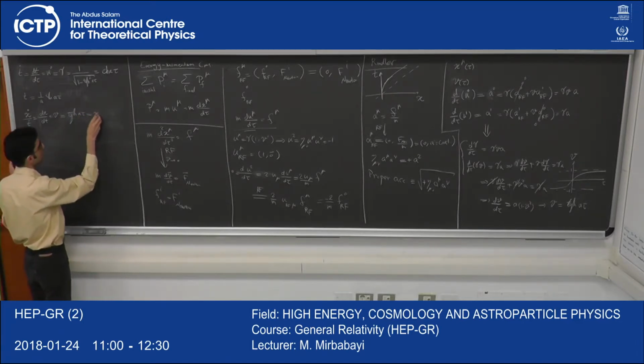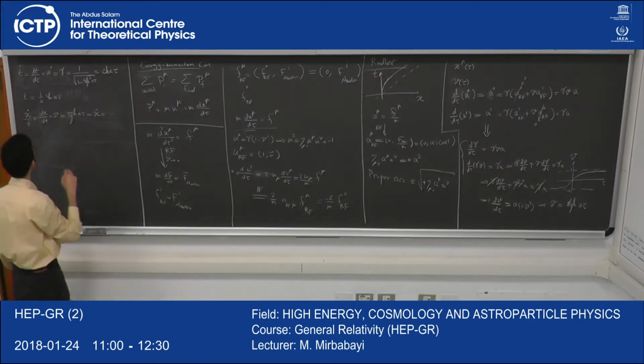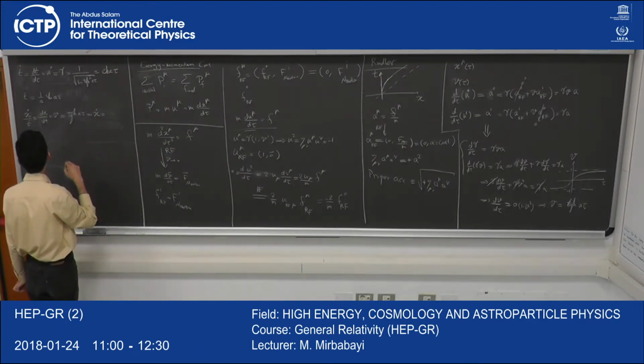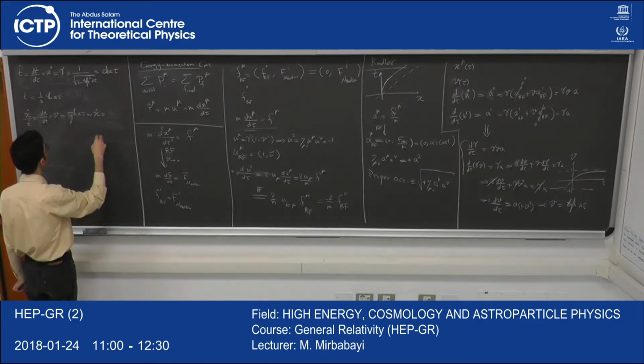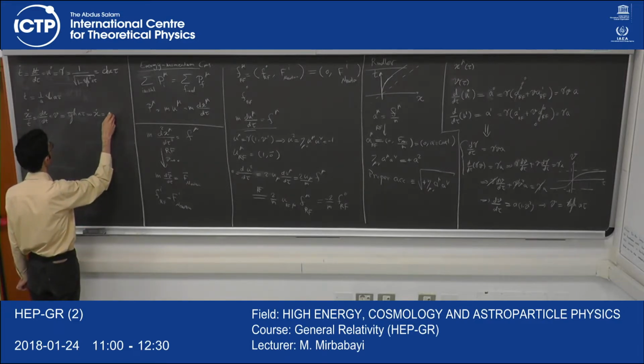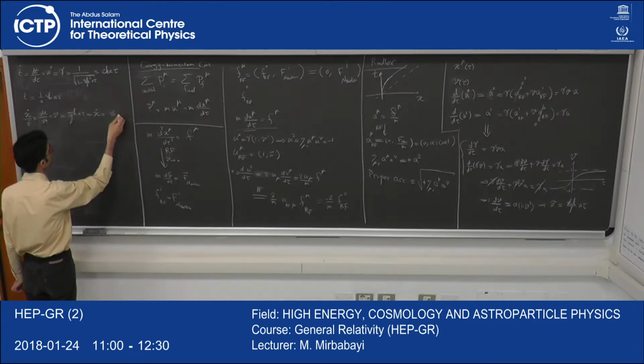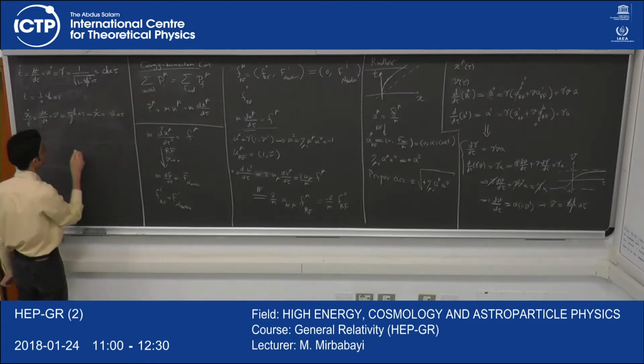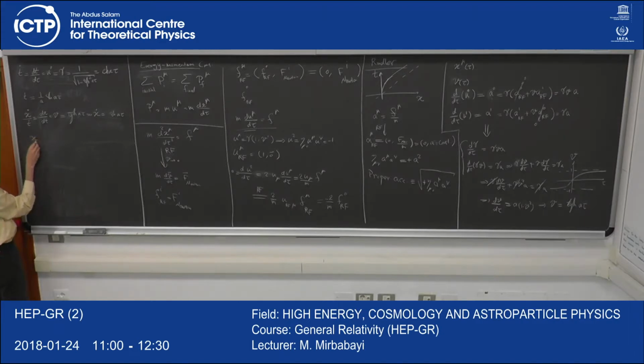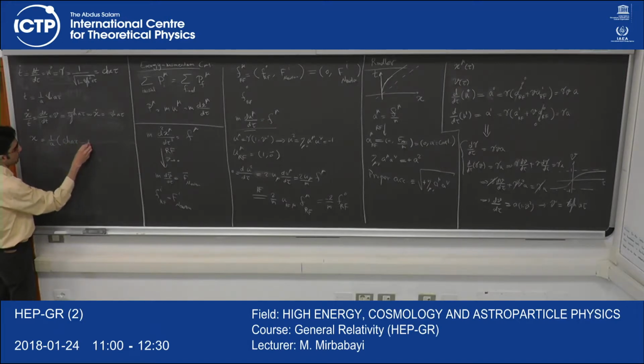And that means that x dot is equal to sinh a tau. And therefore x is 1 over a times cosh a tau minus 1.